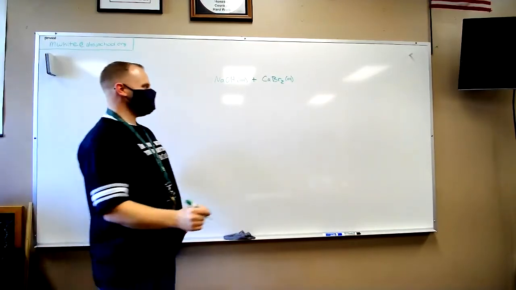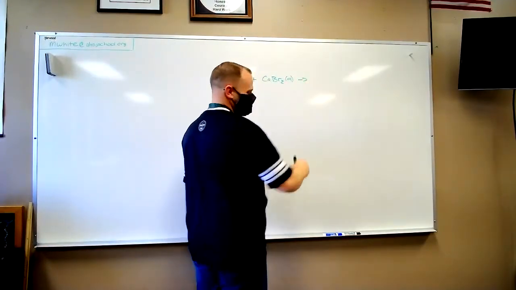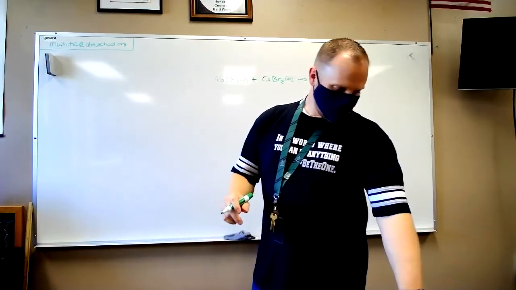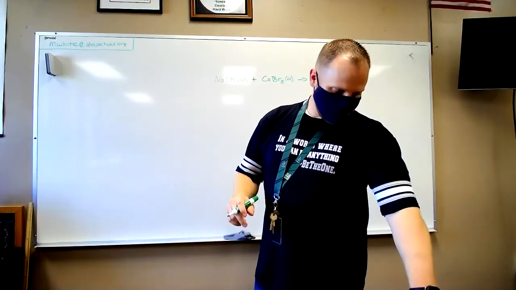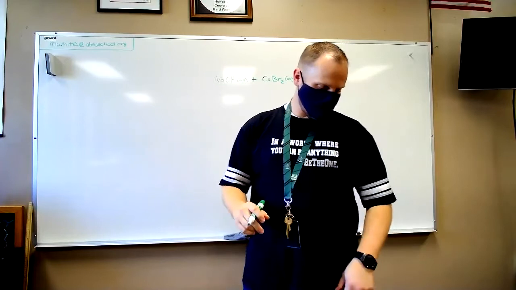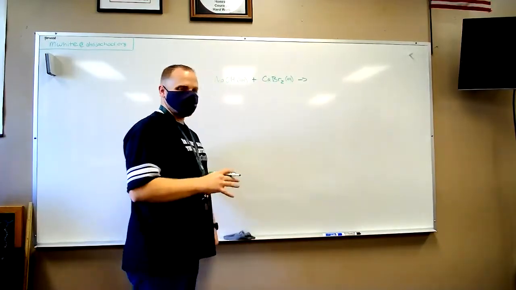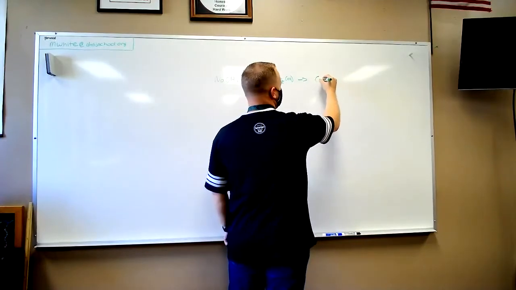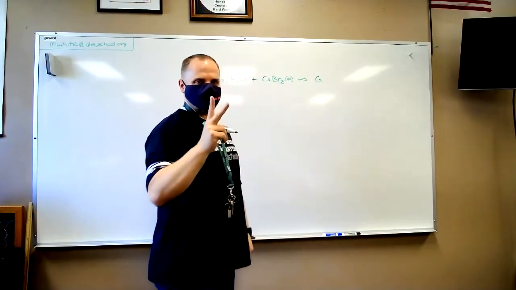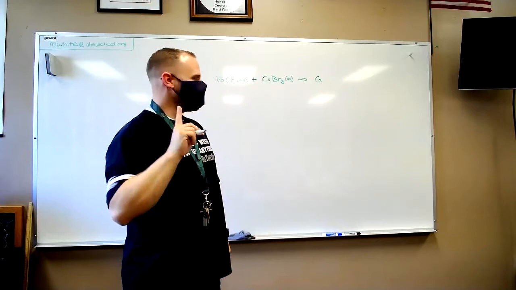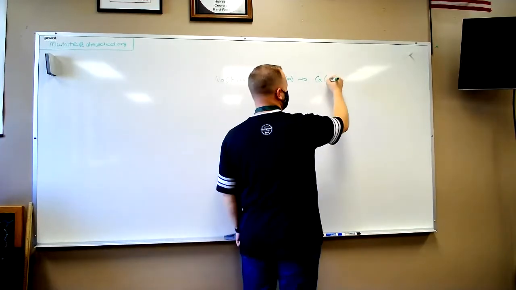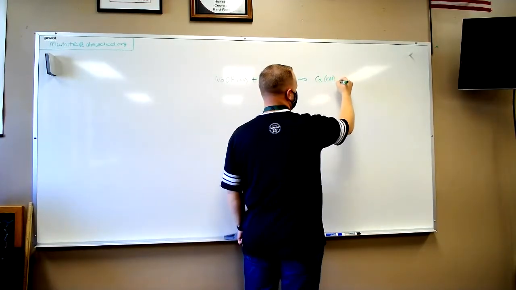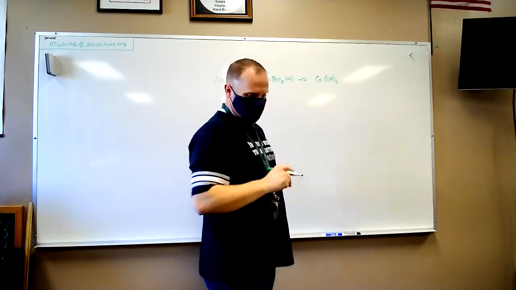Okay. And then it tells us we're going to produce solid calcium hydroxide. Once again, this is ionic compounds, balancing charges. Calcium with a 2+ charge. Hydroxide has a -1, so we need 2 of them. Okay.